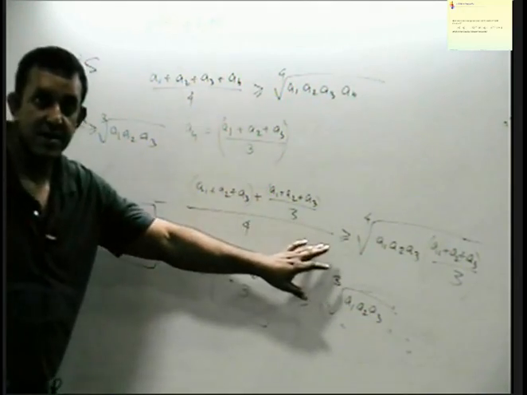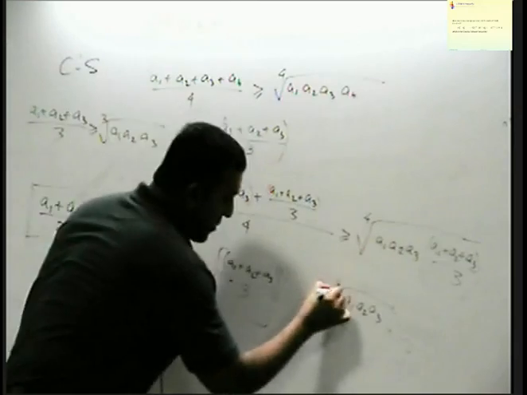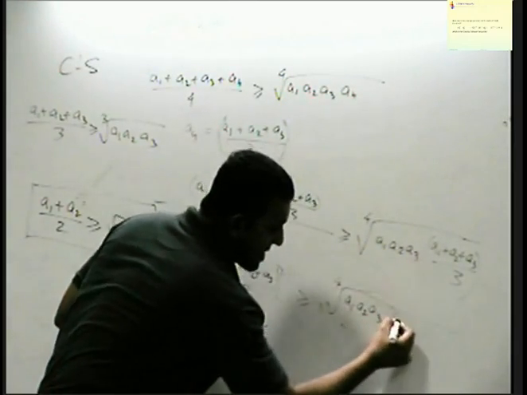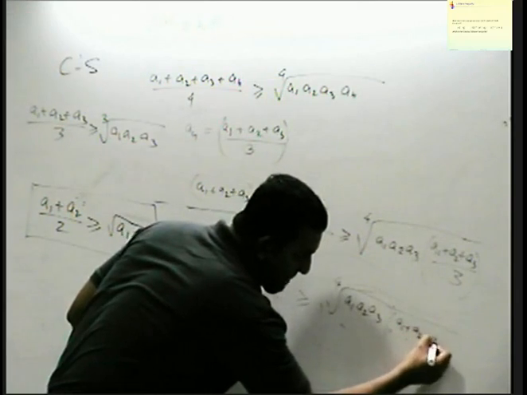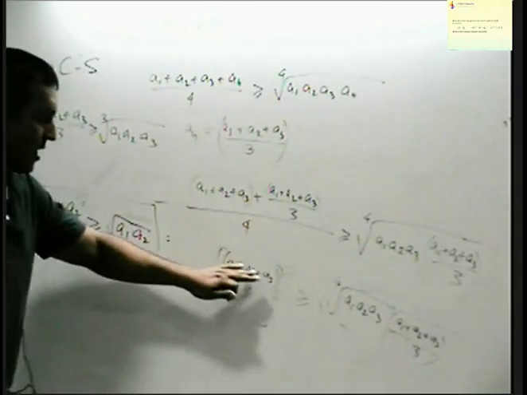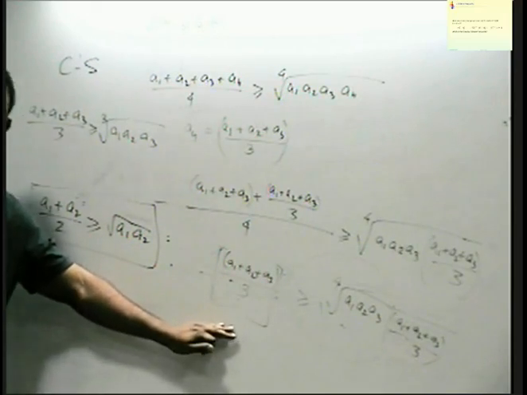From where to where? The next step. So what we said was there was a 4th power, and I'm just repeating what was written here, right? Till this point is clear, this is just a restatement of what's going on.